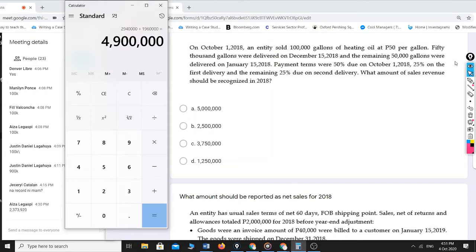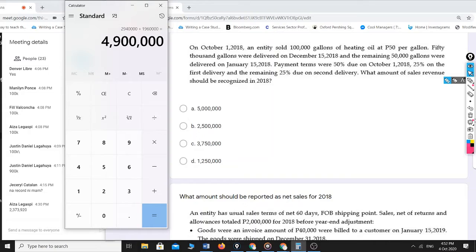Therefore, out sa 100,000, katurang 50,000 ang makonsider as part of the sales revenue sa 2018. Okay? So, you will just multiply the 50,000 to its selling price na 50 pesos.